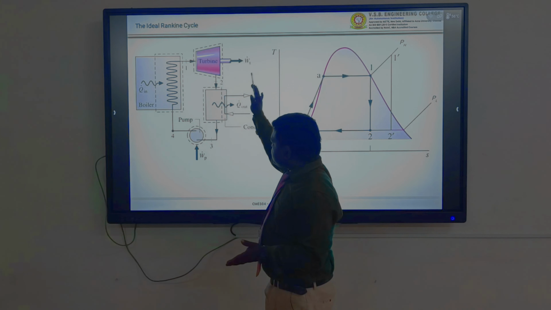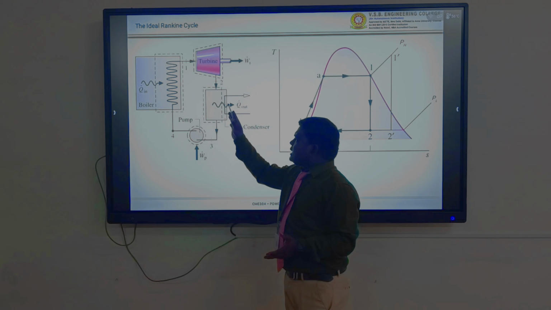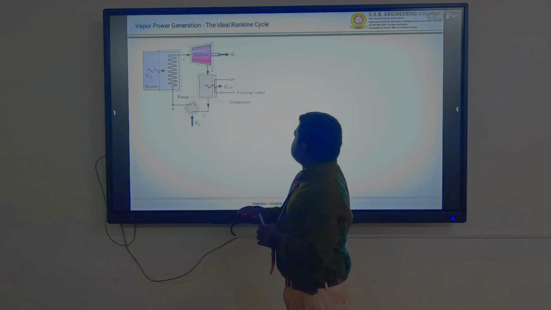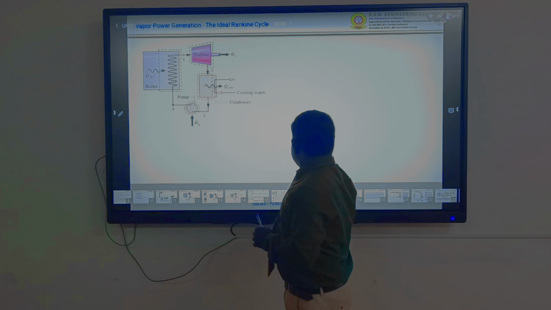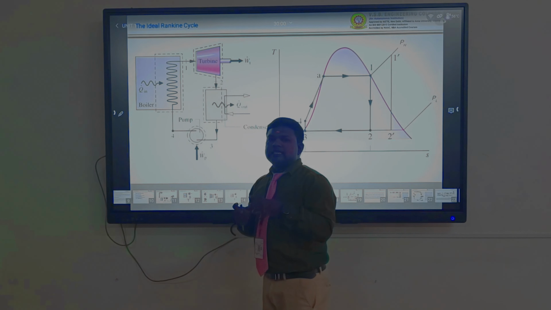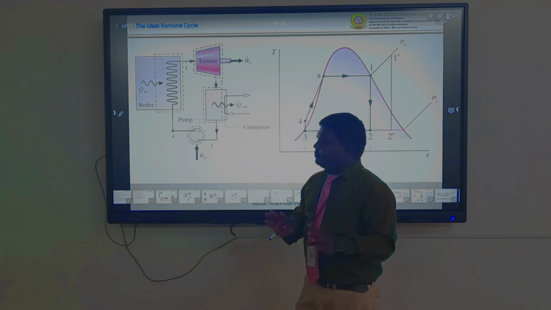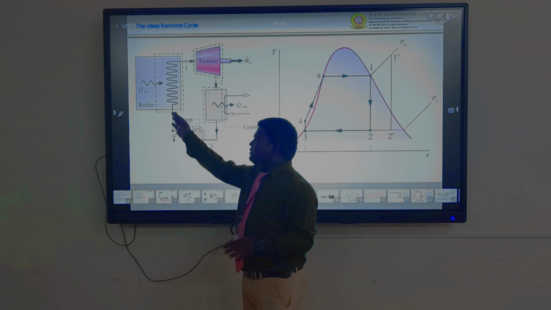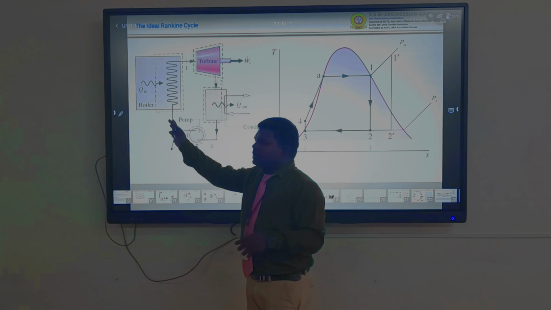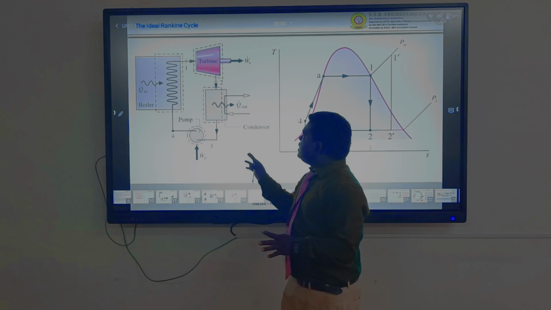After the expansion, we go to the condenser. The condenser is the removal of heat, but the pressure remains constant. In the boiler, heat is added at constant pressure, and in the condenser, heat is removed at constant pressure.